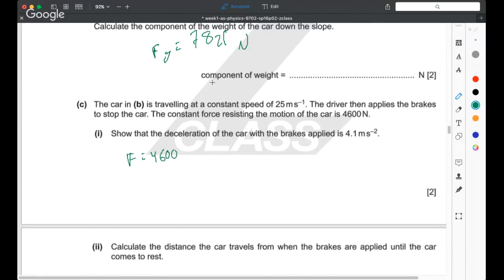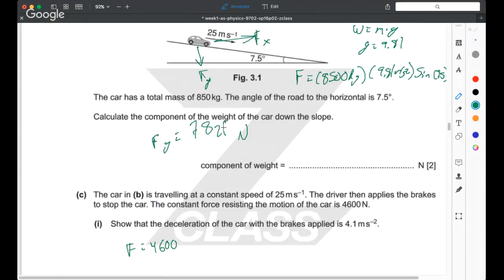But this is the component in y. I think it's 850, not 8,000. Let me check: 850 times 9.81 times sine 7.5.